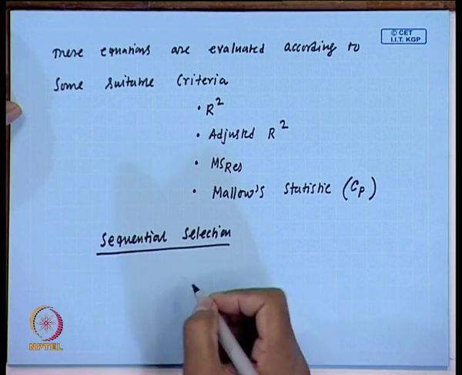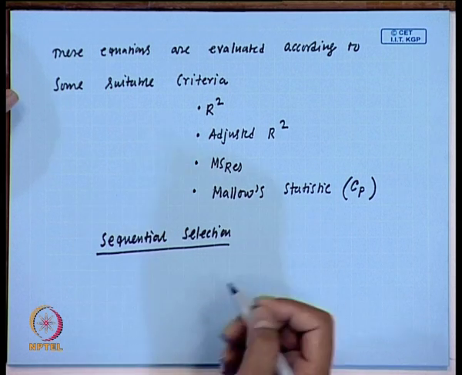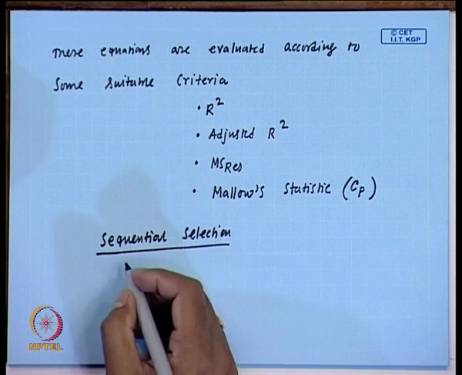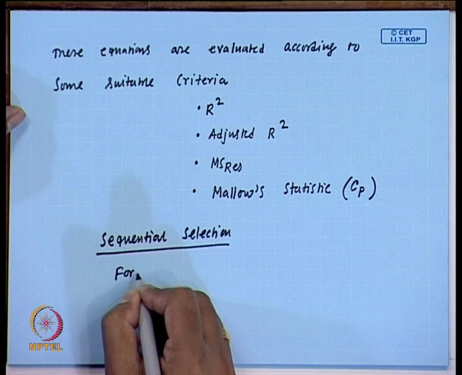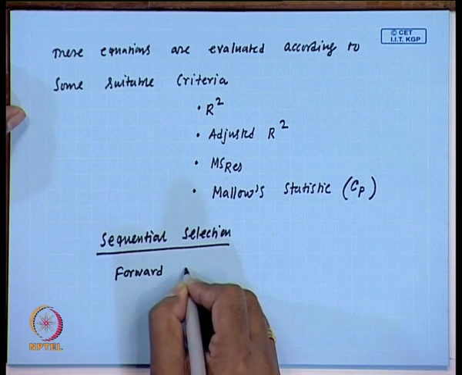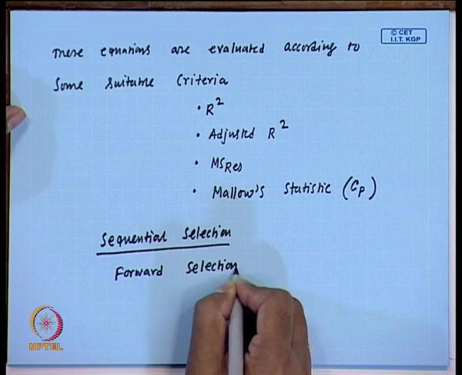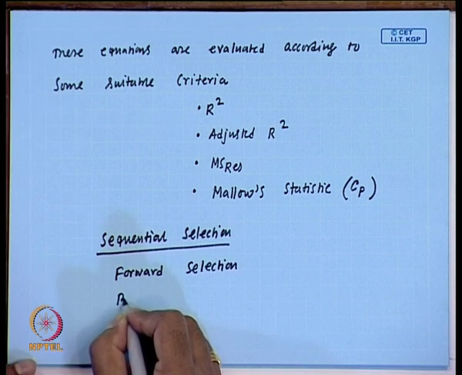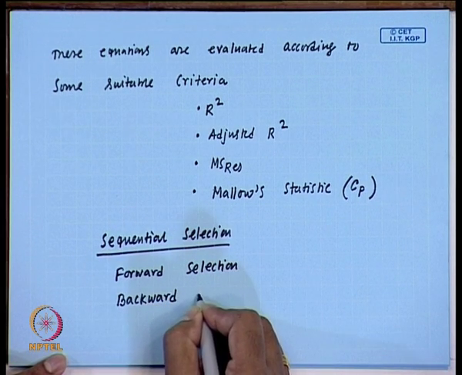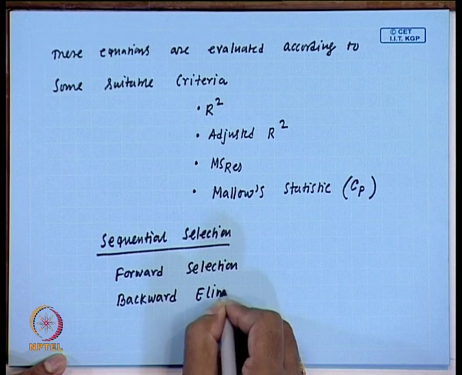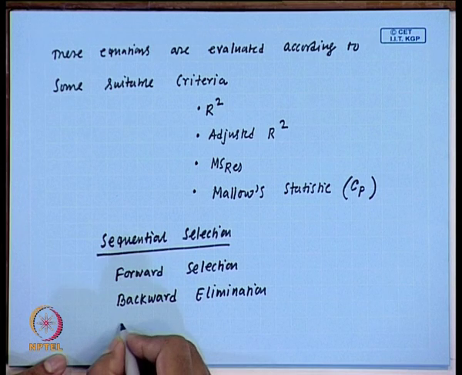I will be talking about this sequential selection later on, and there are three algorithms of this type: forward selection, backward elimination, and stepwise selection.